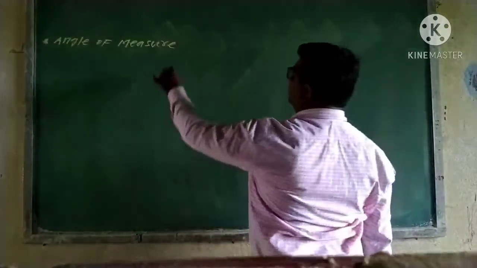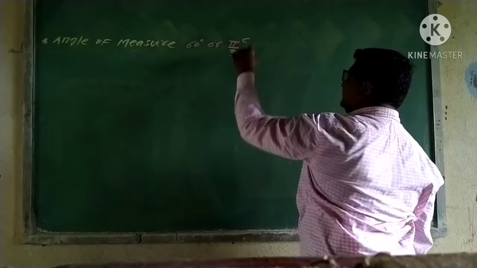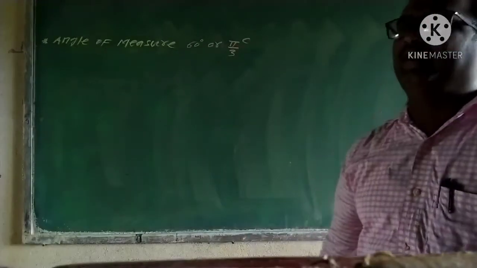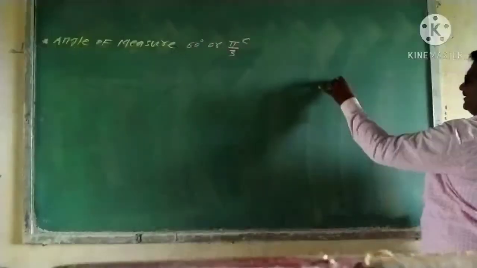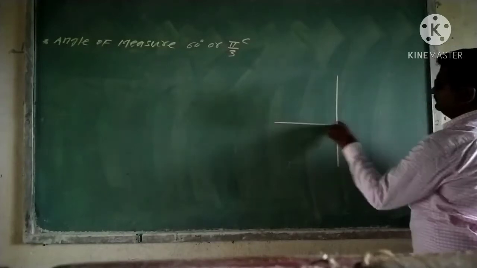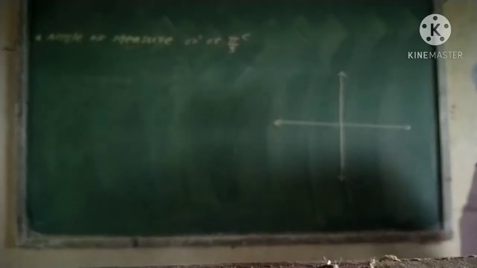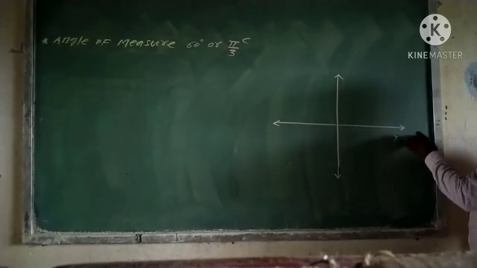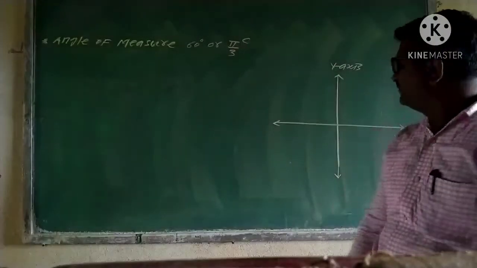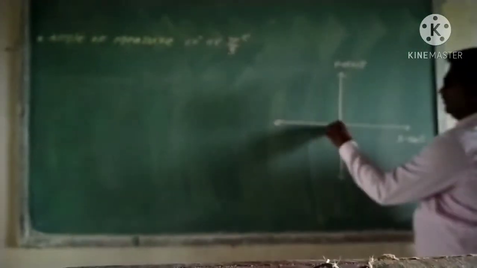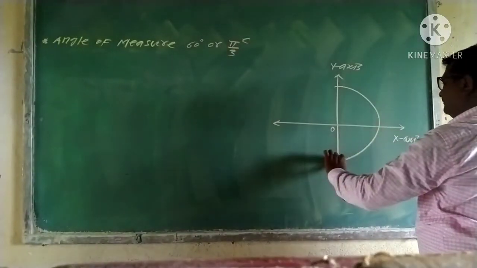Consider a standard unit circle. Now here this is the x-axis and y-axis, and the origin O. Now draw a standard unit circle.